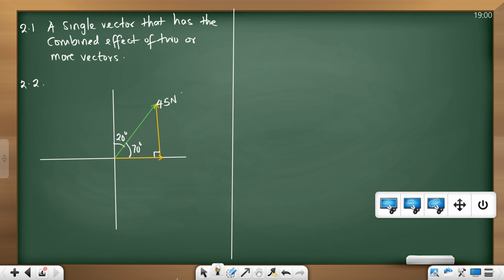Let's call this F1, and this would be F1x and F1y. All I needed was just a right angle and fill in the angle of 70 there. You can use the 20 degrees as well if we know how to manipulate. But are you okay with this, everybody? Talk to me quickly. Are you okay with that?